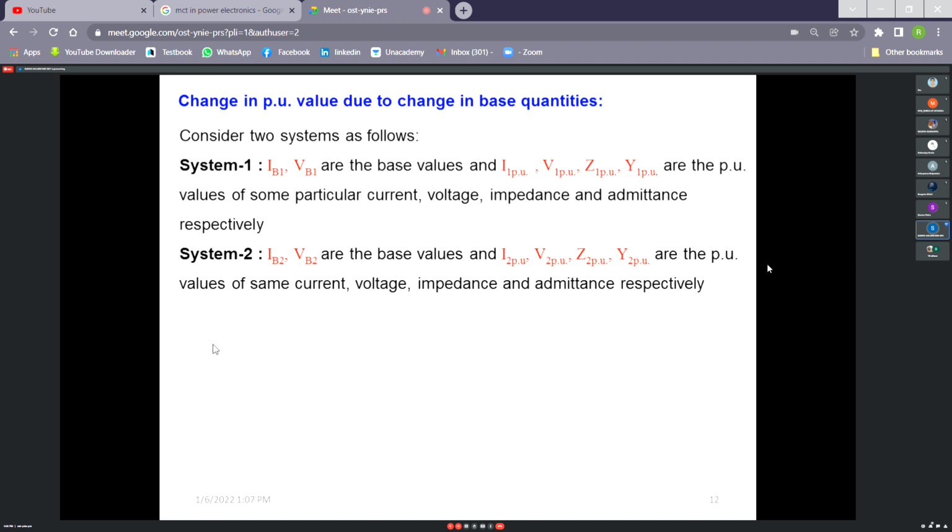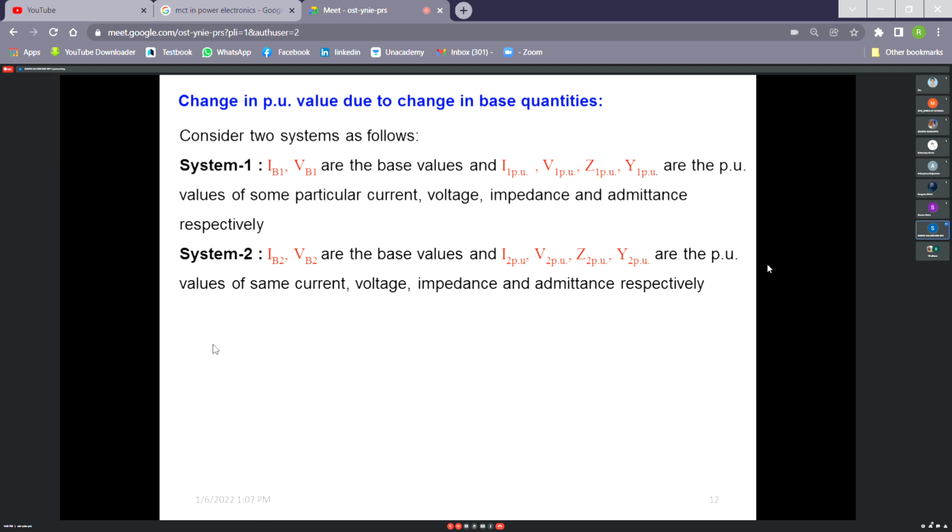Now, what will happen to the per unit value if the base is changing? Why will the base be changed? Because we are assuming a base, and based on that we are calculating the per unit quantities. Yes, we are calculating per unit values based on base values that we have already assumed. But base values are different from one equipment to another.